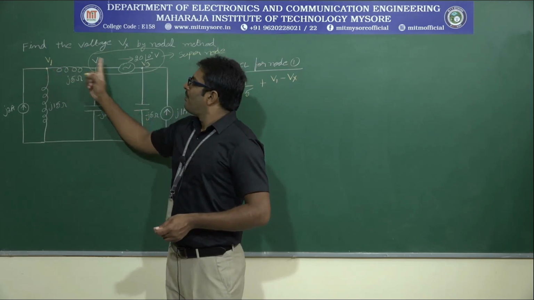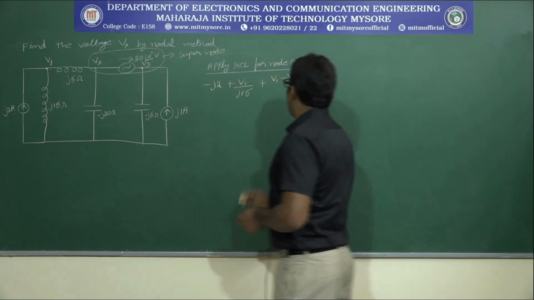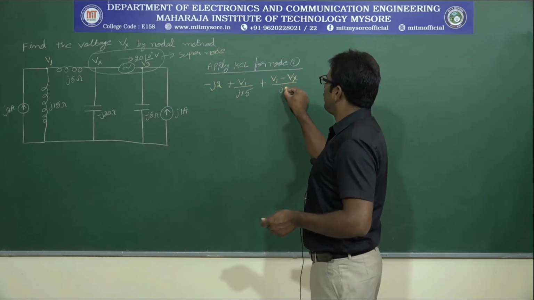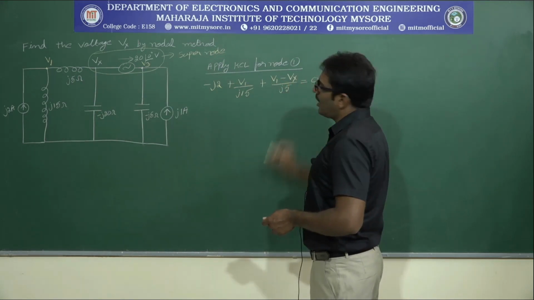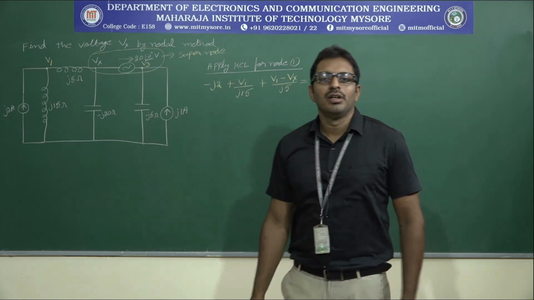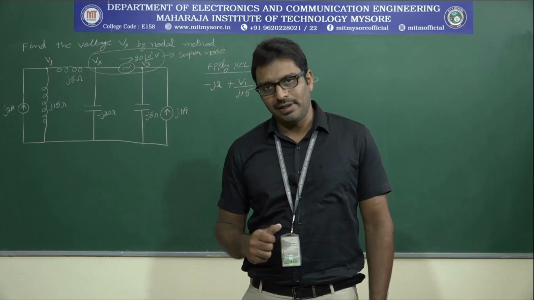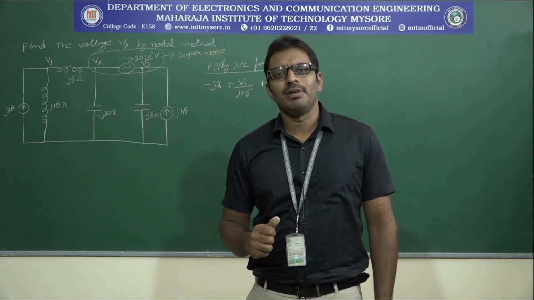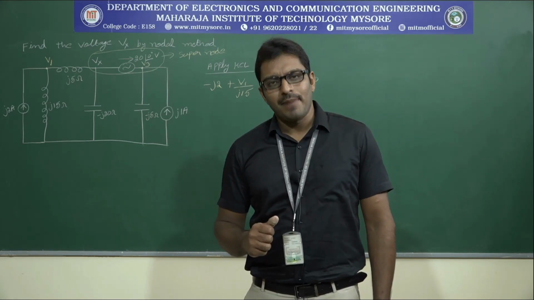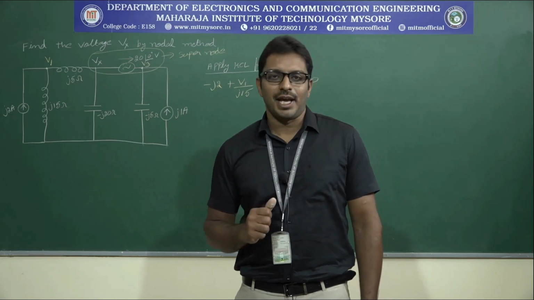That's why V1 minus Vx divided by J5. You know what J5 is, right? Because of the AC circuit, we need to represent inductance and capacitance with a complex number, because we need to consider both magnitude as well as phase angle.